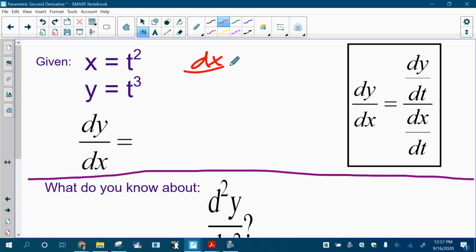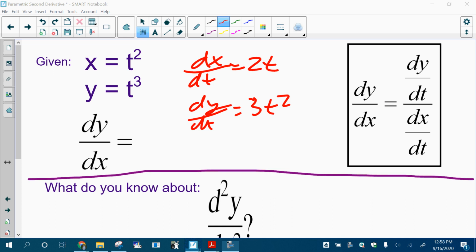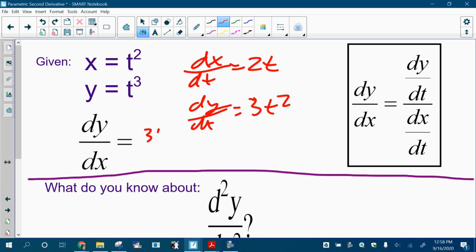The derivative of that x thing with respect to t would be 2t. dy dt would be 3t squared. Stack them, dy dt over dx dt. We can simplify that, and there's dy dx.